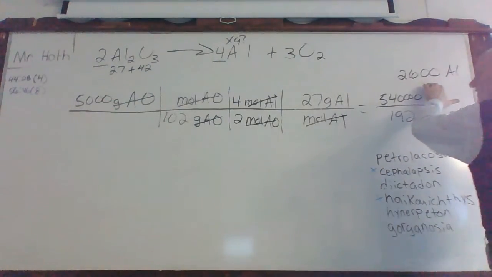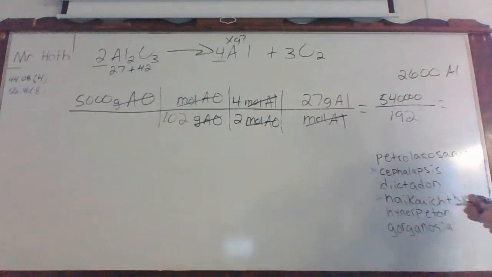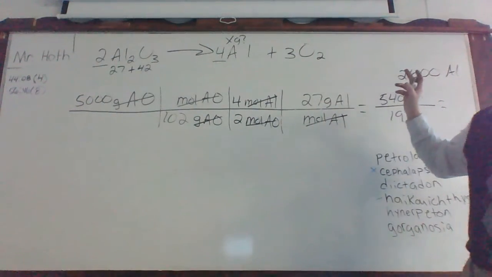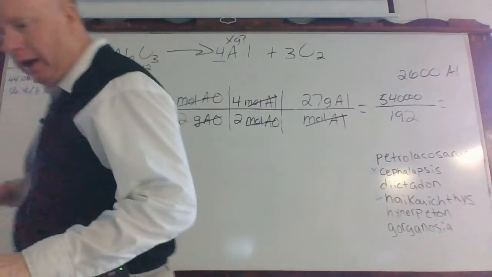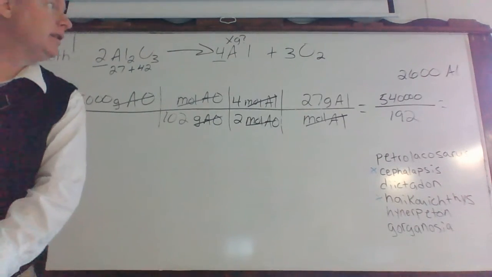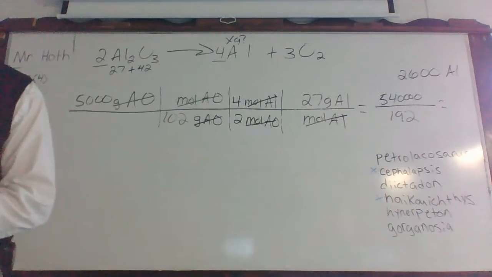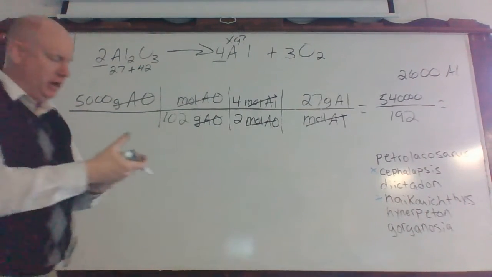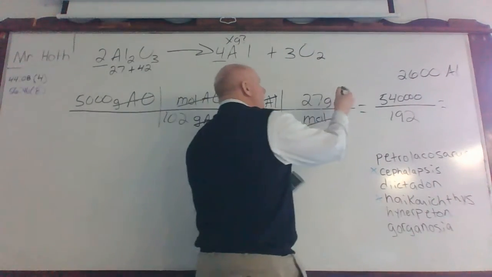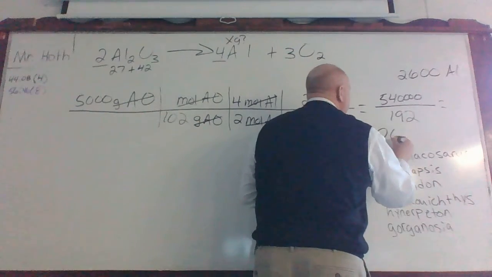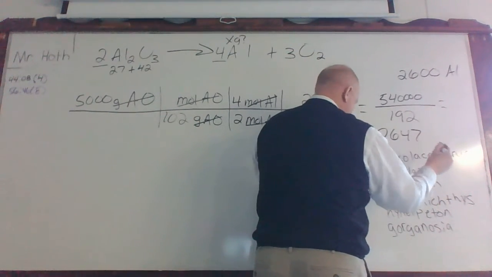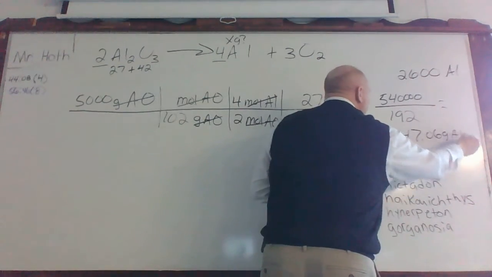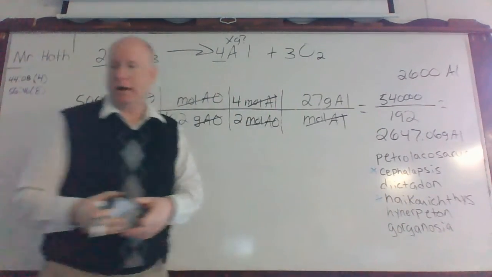Some of these numbers have only 2 significant figures, and that is why they round that to 2,600, or 2.6 kilograms. So we want to have the answer of 2647.06 grams of aluminum. All right.